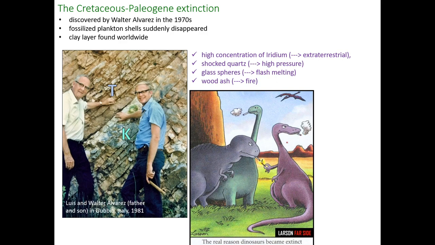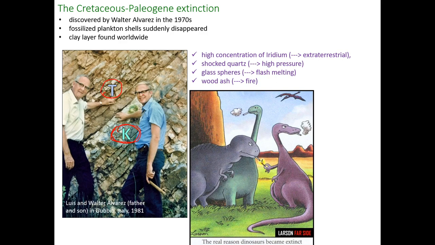Now, why do we think that an impact of a meteor ended the dinosaurs? This is why. In 1981, a father and son team, Walter and Luis Alvarez, discovered a very interesting thing between the Cretaceous. Because a lot of these terms are German, they spelled Cretaceous differently, with a K. So this K represents Cretaceous, this T represents Tertiary.